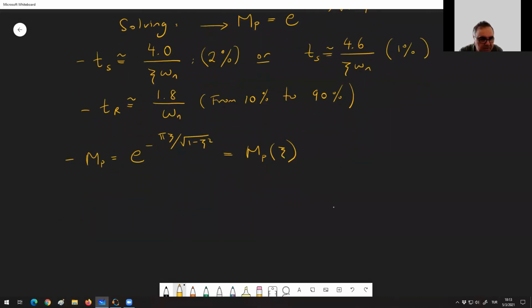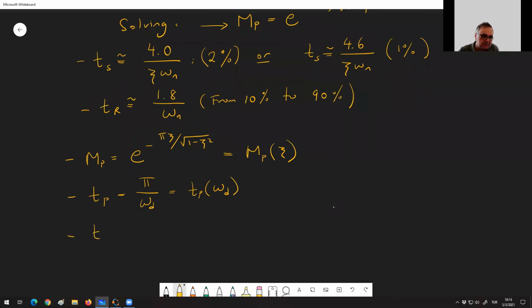Then the peak time, for example, Tp is pi over omega d, the damped natural frequency.